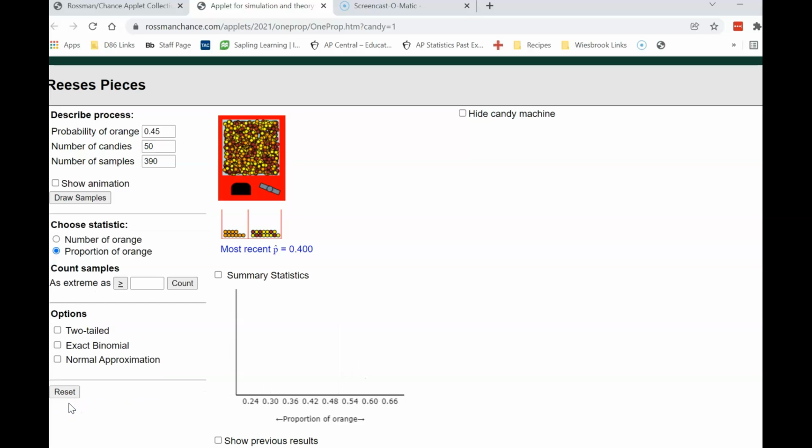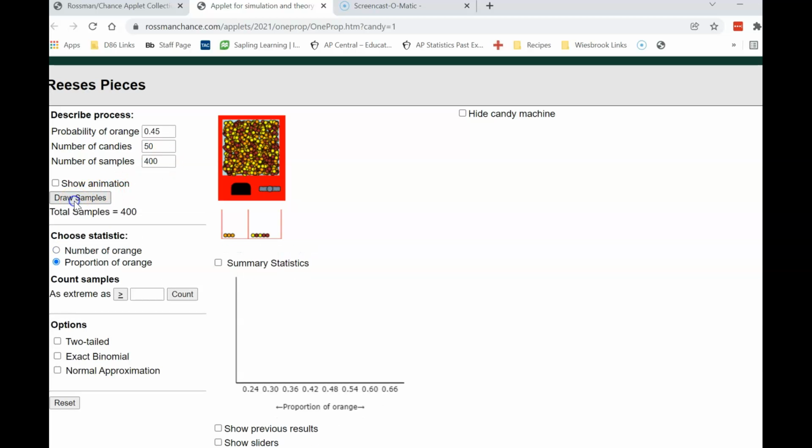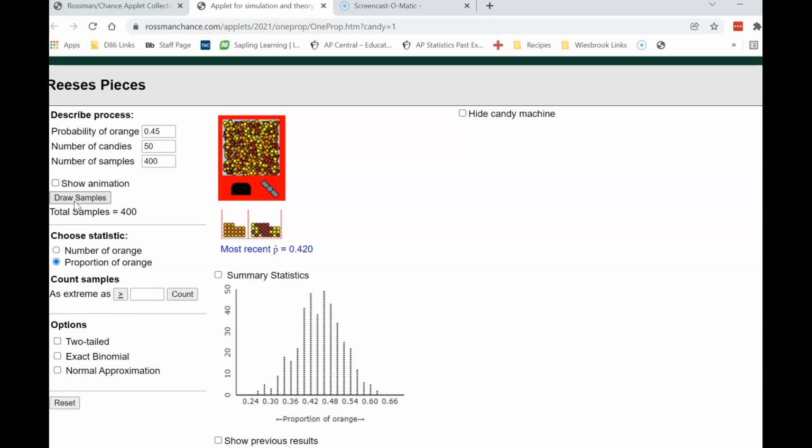So we're going to keep the probability of success at 0.45. We're going to do 400 samples of size 50. And then draw the samples so you can take a look at the partial sampling distribution there. And you should notice, as probably expected, it's approximately normal, still a mean somewhere around 0.45.